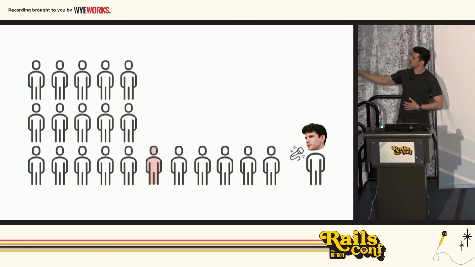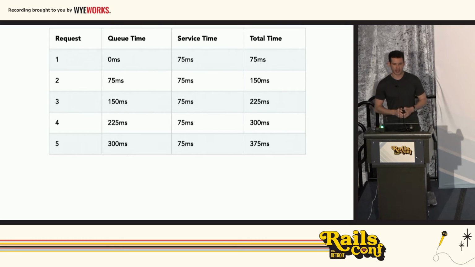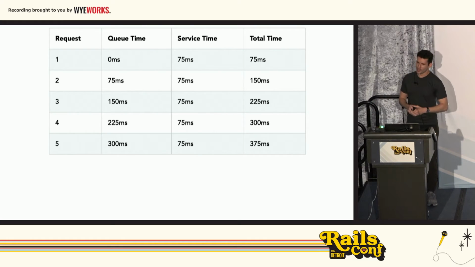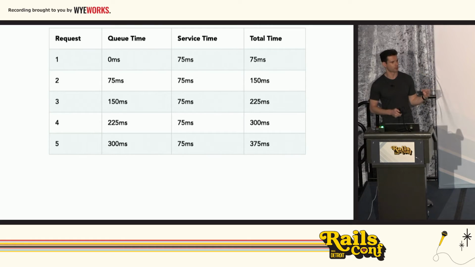So if we were to frame this around web requests, here we have a breakdown of 5 requests and the time they're spending in the queue, and then after being serviced, the total time it took from the moment the request arrived at our server to the moment that request received a response.